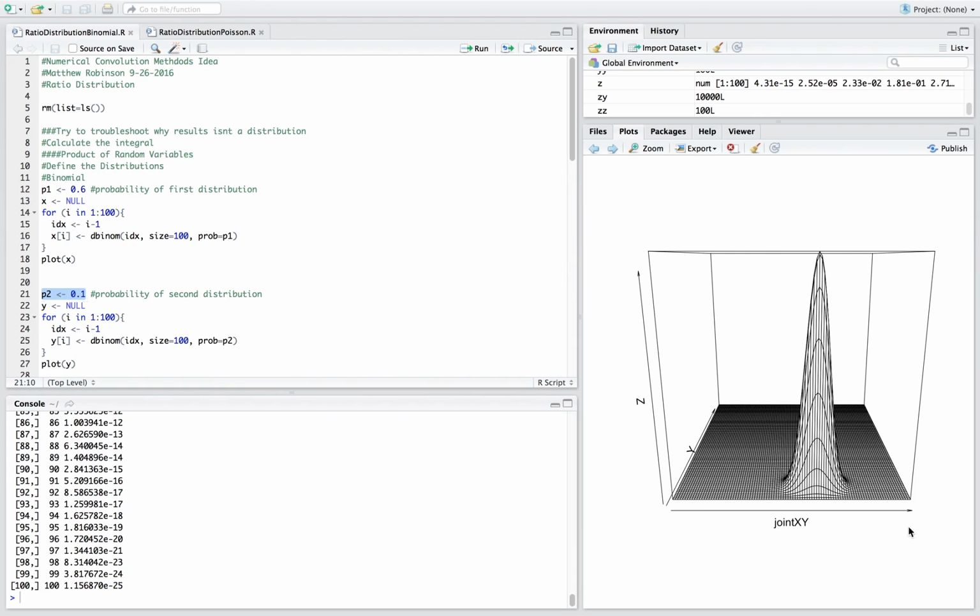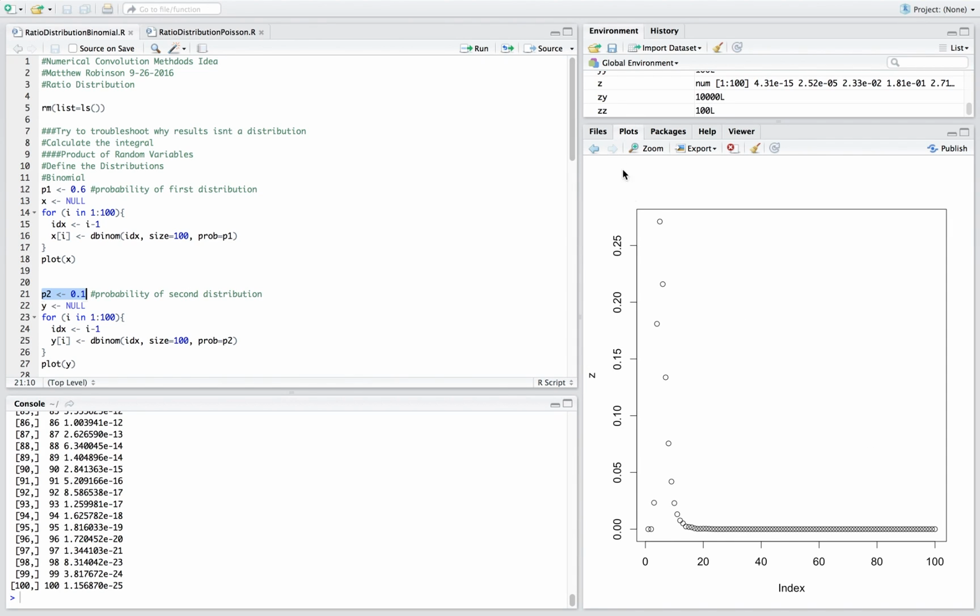Next, we calculate the joint distribution. Where it says joint xy down here, that's the x variable, and going into the screen is the y variable, and z is the joint frequency for the joint distribution. So it peaks at about 60 along the x-axis, 10 along the y-axis, so that looks about right.